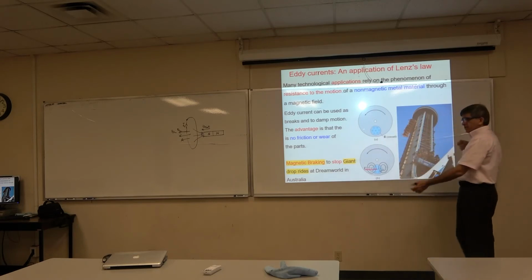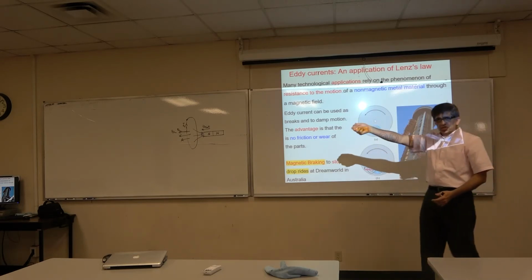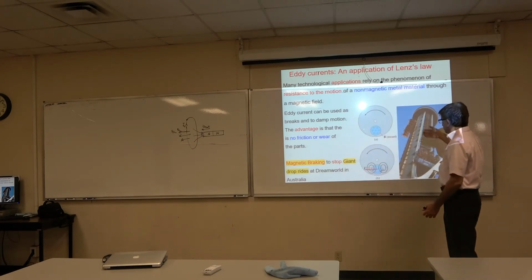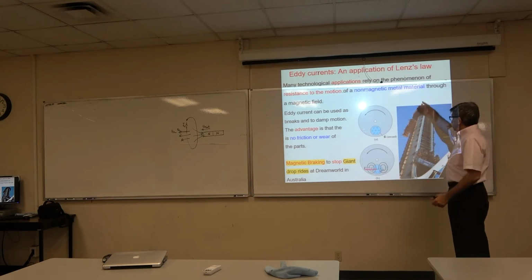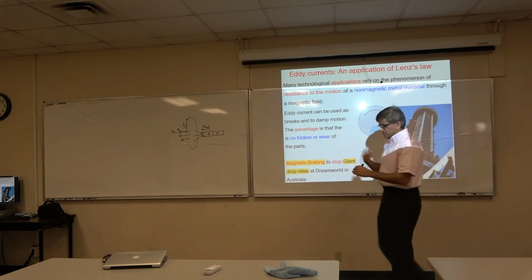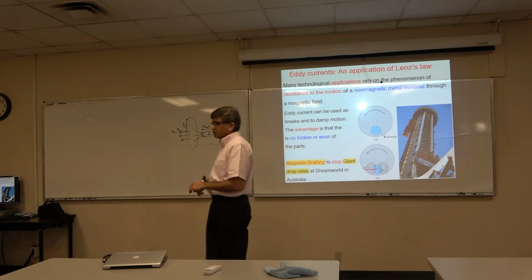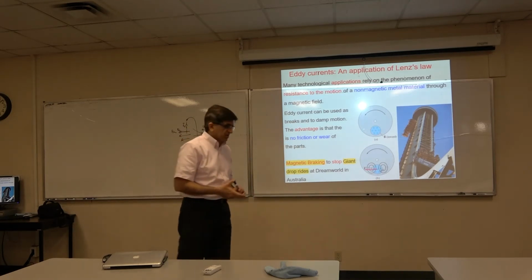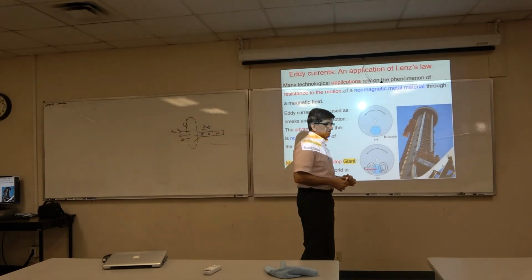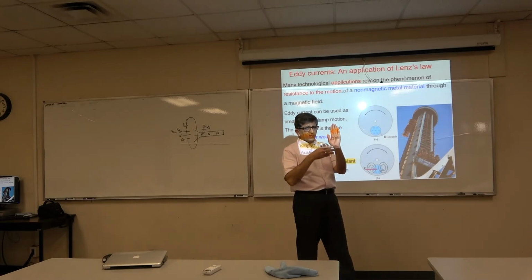I pull the conducting sheet from the magnetic field, so there is a magnetic field in there, and you change the flux through that. By changing the flux, we produce an induced magnetic field, and as a result, this induced magnetic field will oppose the cause which produces it.